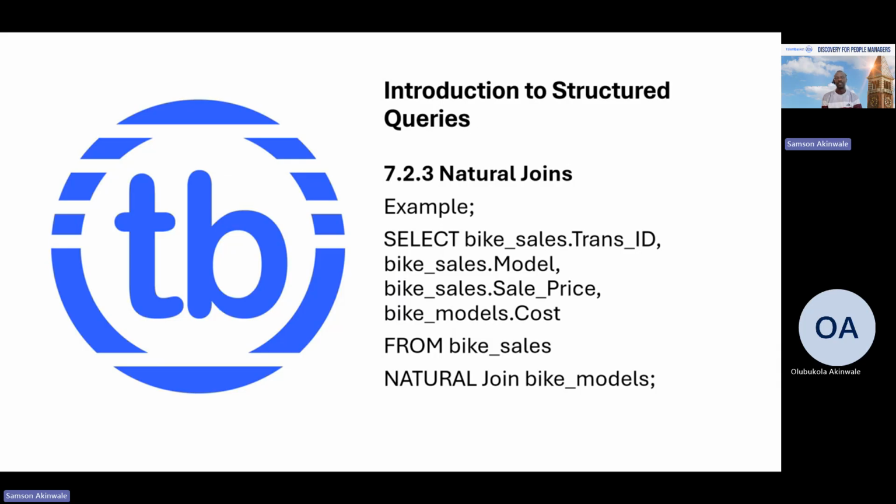For instance, the model column can be common, and you may expect natural join to perform the point of intersection at that point, if the two tables still contain one more similar column, let's say dates. And now the dates in table A is written as date, then the dates in table B is also written as dates.